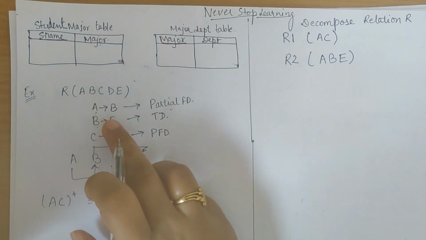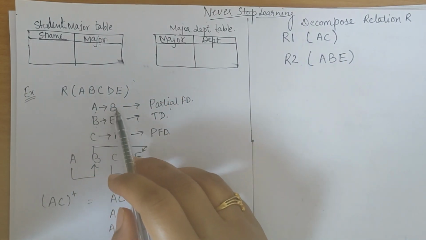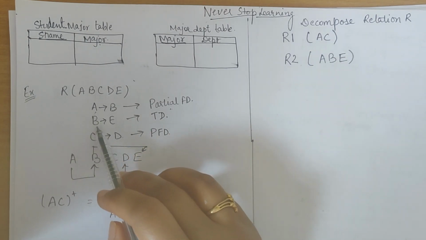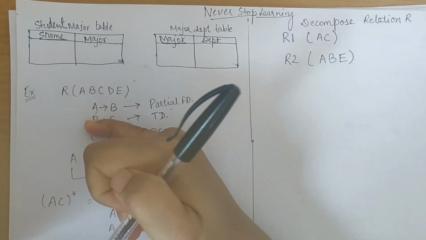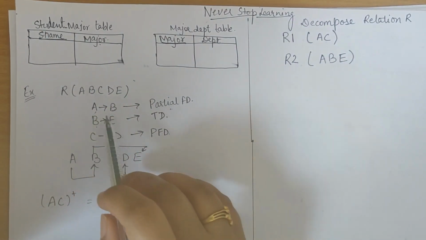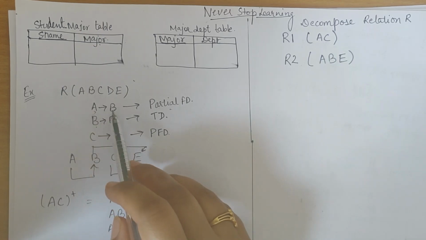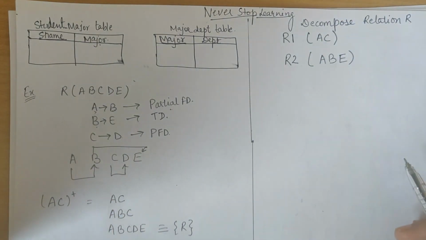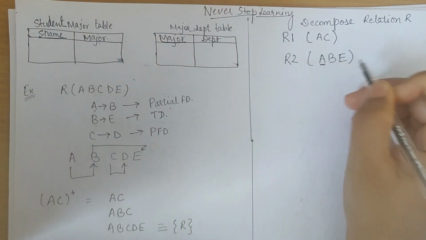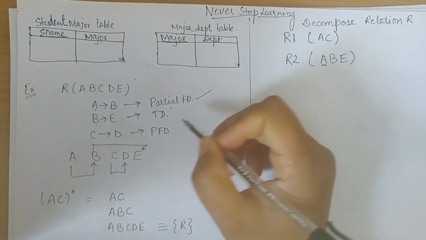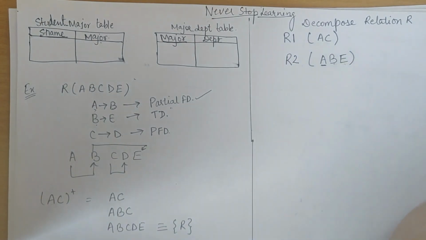So now the problem of partial functional dependency is resolved, because what we did, we removed A determines B. A, a proper subset of the candidate key AC, was determining B, that we removed. For this table, we will make A as key.